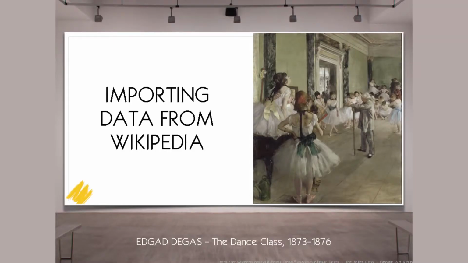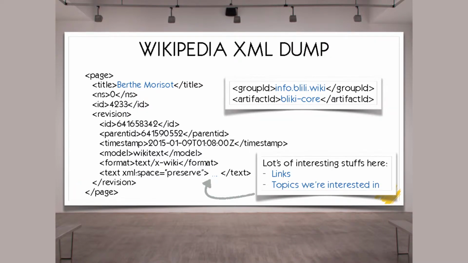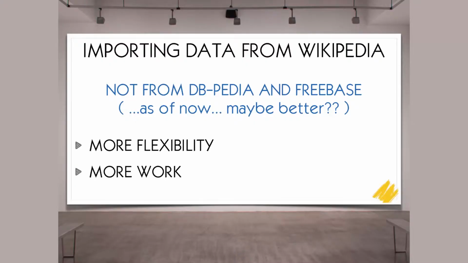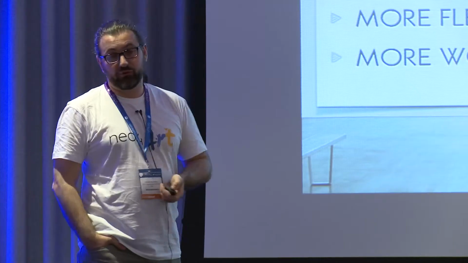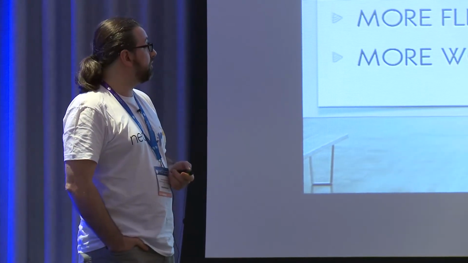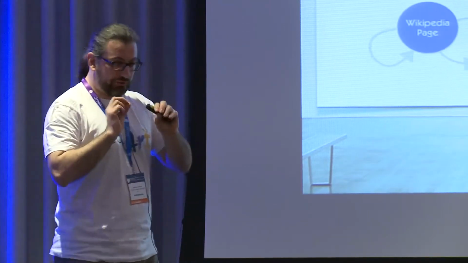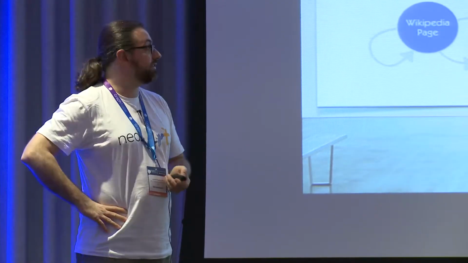To import data, with Wikipedia data, we decided to start with the XML dump. Maybe we could have decided to use DBpedia, maybe better. But for now, even if we have more work to do, it provides more flexibility because we can analyze the text of every page and try to find some words which we are interested in.